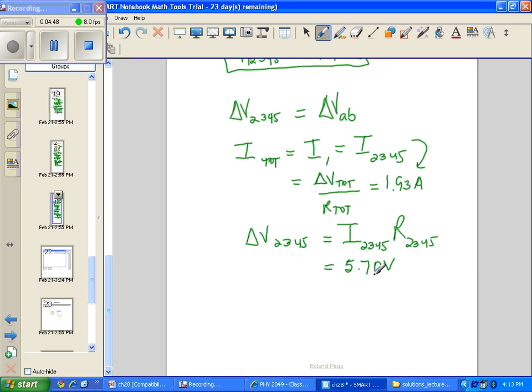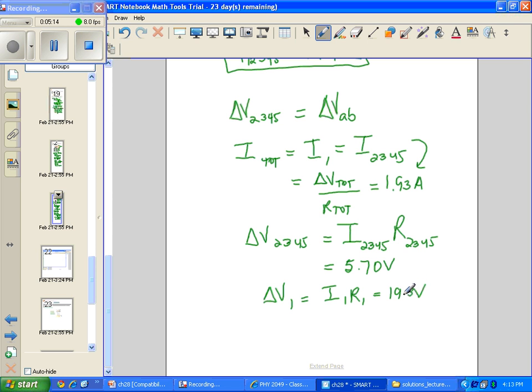Now, if we want to check whether this is correct or not, let's go to R1, in other words, delta V1, we know was equal to I1 times R1. Using I1 as 1.93, R1 as 10 ohms, we get a value of 19.3 volts.